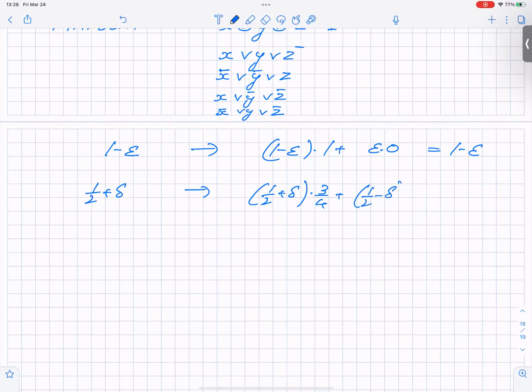And half minus delta possibly go all the way to 1. And what is that? 3 by 8 plus half. 7 by 8 plus 3 delta by 4. 3 by 8 plus 4 by 8, no? So 7 by 8 plus 7 by 8 minus delta by 4. It cannot be a minus delta. Plus delta. Plus delta.